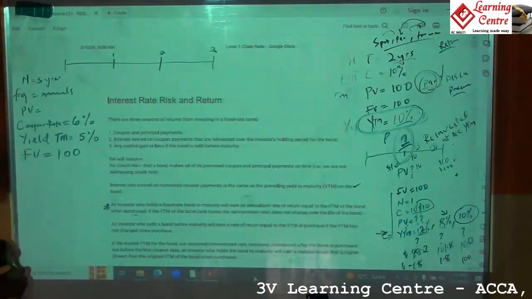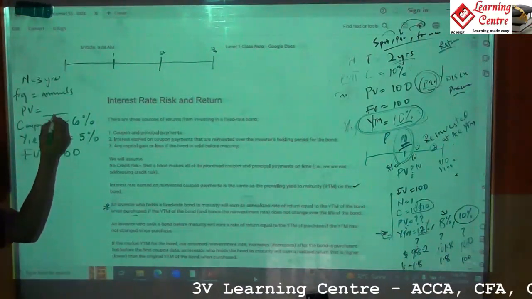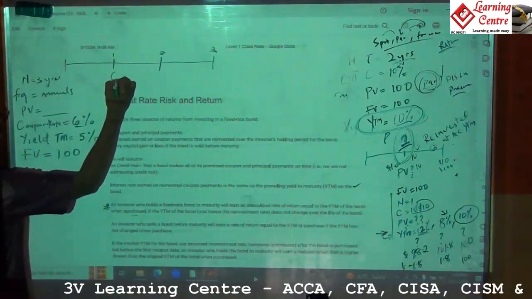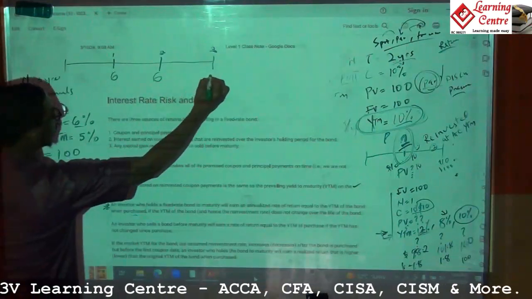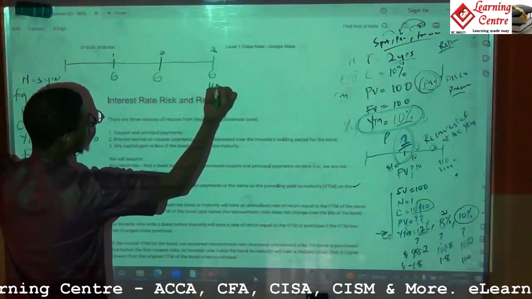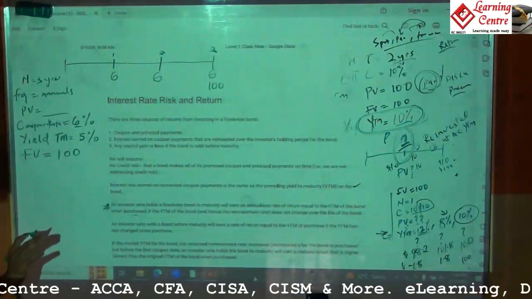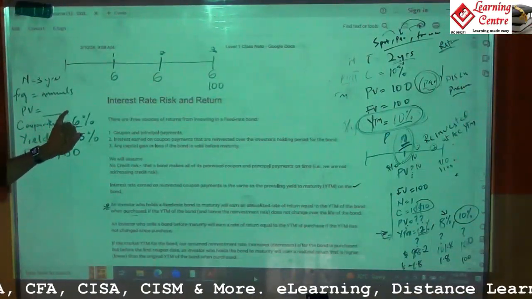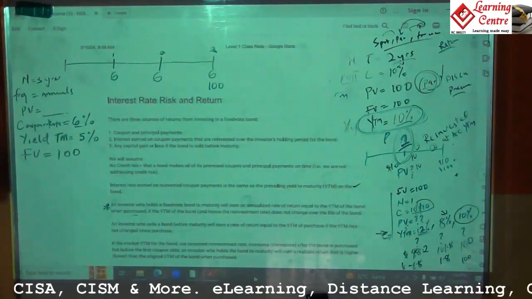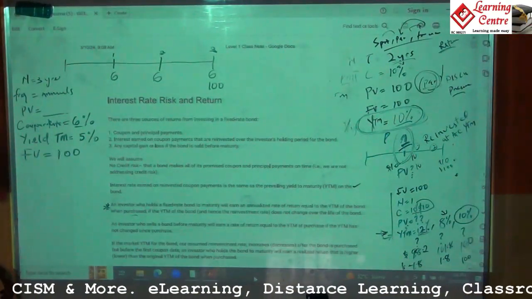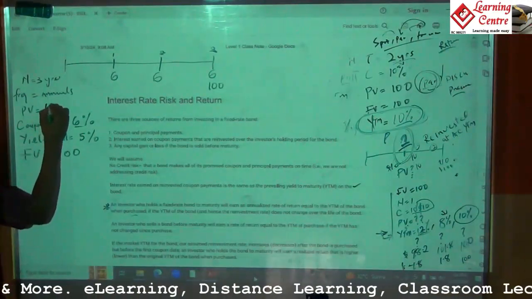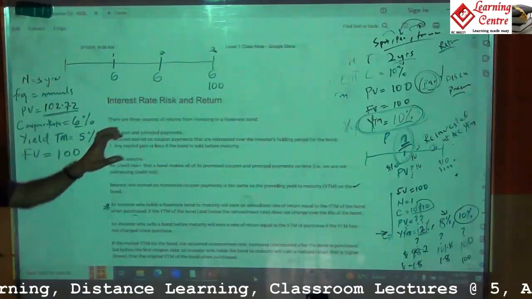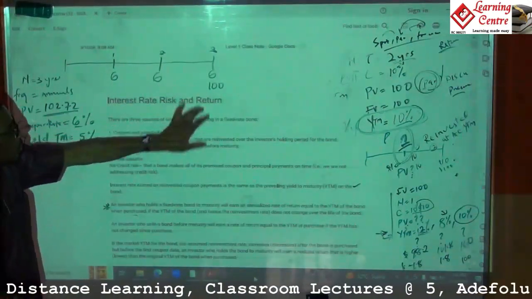Right. So let's compute quickly what the price will be. So this is the cash flow: $6, $6, and $106. So who can give us what the price is expected? 102.7. That's the price of paying to have access to this cash flow.